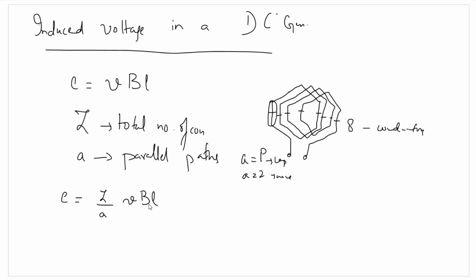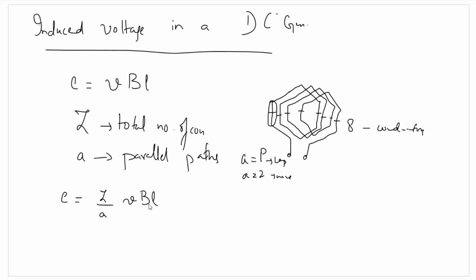Z is the total number of conductors, but they will be distributed in a number of paths. Since we know that the voltage across every path will be equal, while the current distributes, the number of conductors in one parallel path will be equal to Z by A. So in one path, the number of conductors is Z by A.